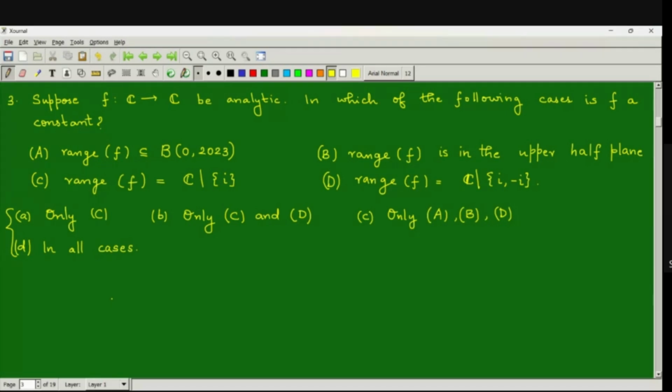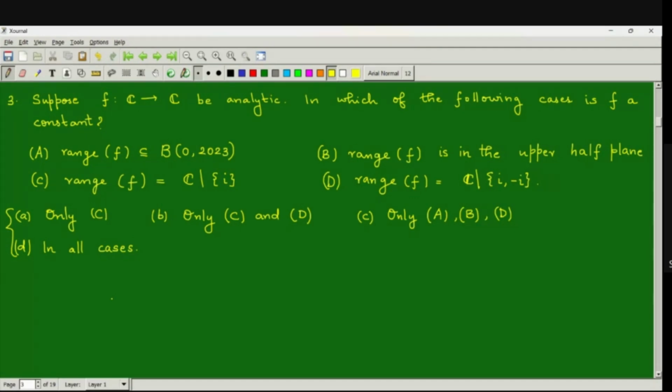Ma'am, the question, A, B, D, of course, in those cases, F will be a constant. Yeah, so it seems you have understood all the theorems of complex analysis. That is the kind of way we have to approach the theorems and the NET exam.